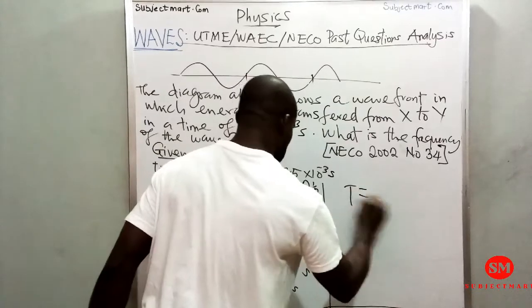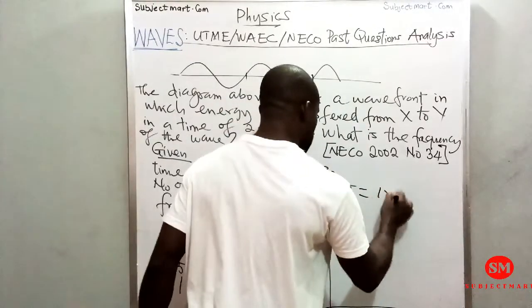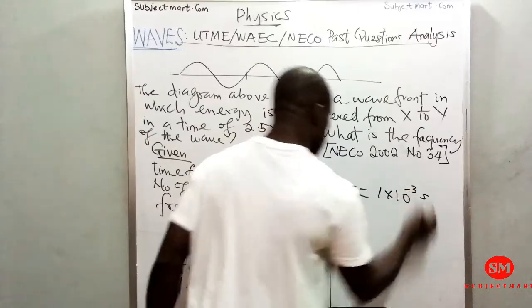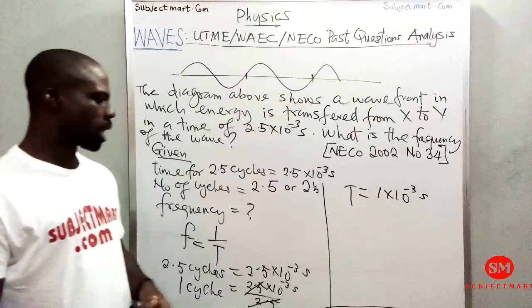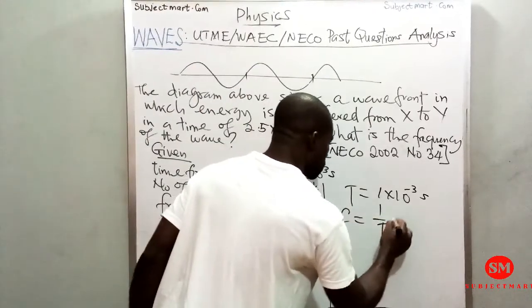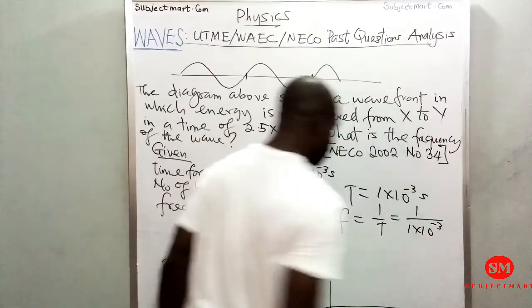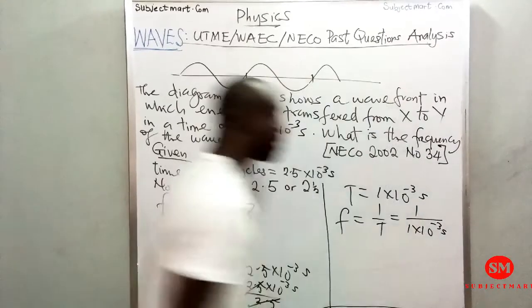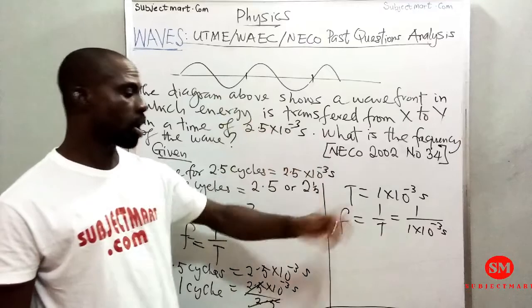Therefore, my period is 1 times 10 power minus 3 seconds. So this is the time taken for one cycle. Then my frequency will be 1 over period, which is 1 over 1 times 10 power minus 3 seconds.